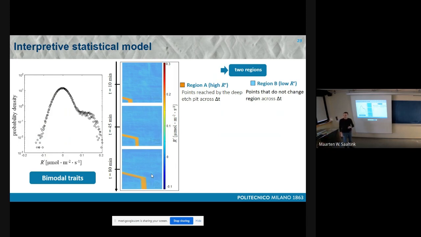Then, in order to identify whether or not it is a mixture of two Gaussians, instead of simply doing it blindly, the first idea was, for each time, to somehow separate the two regions, identify them, analyze the data within each region, and check whether or not they are distributed in a Gaussian way. Of course, if the variable is Gaussian, its spatial increments must be Gaussian. If they're not Gaussian, then it means that your Gaussian model is not good.